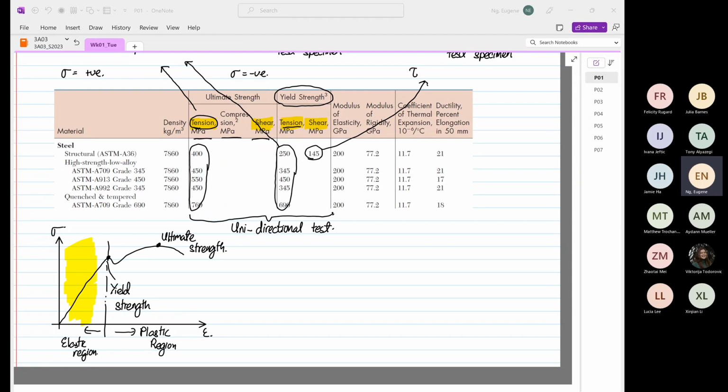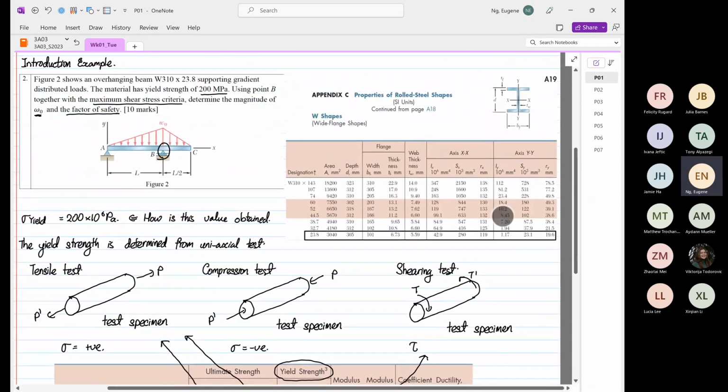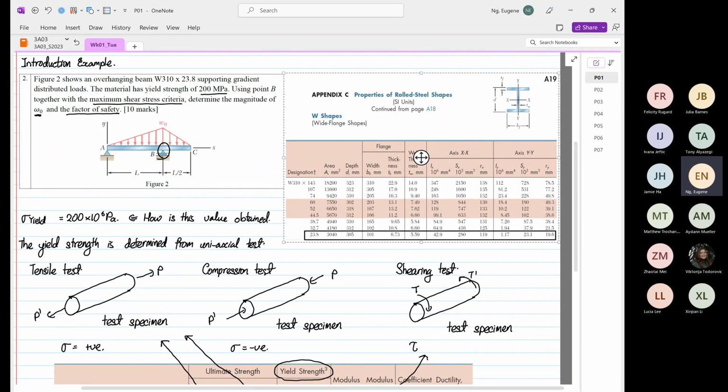So what is interesting now is, if we were to go back to the question. We know that the material has a yield strength of 200 megapascal, and the test given to us is conducted in tension. Okay, tensile test, because the value over here is positive.